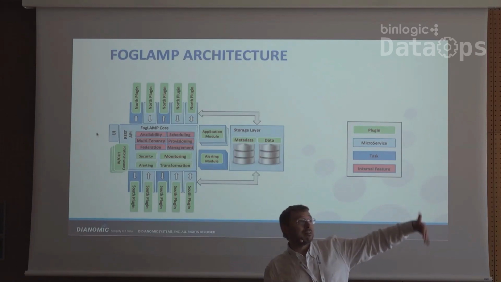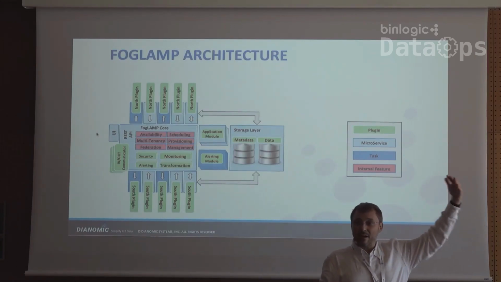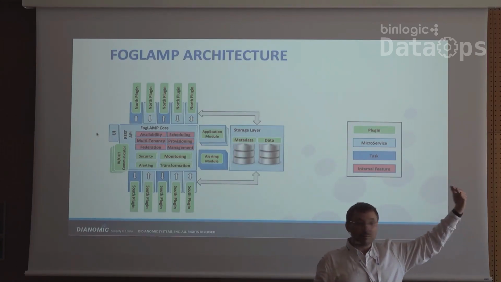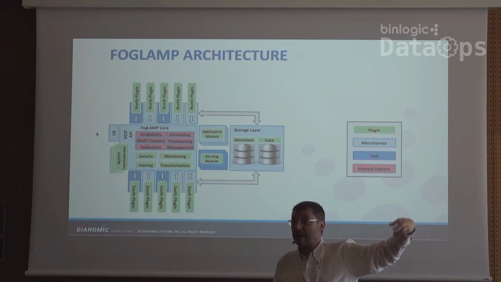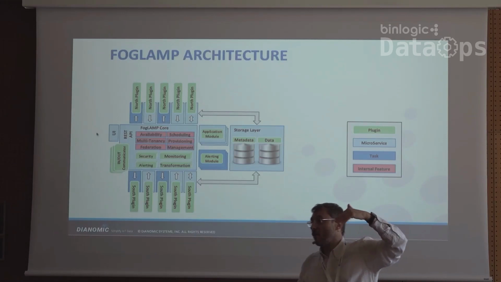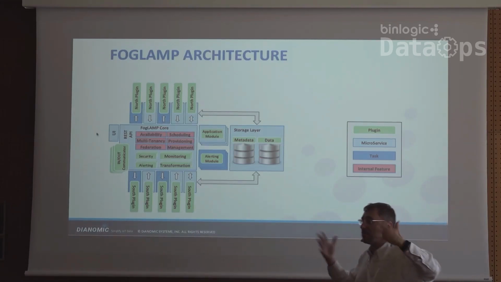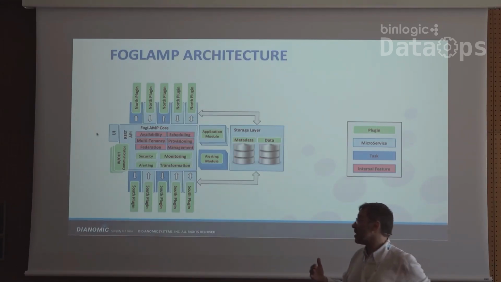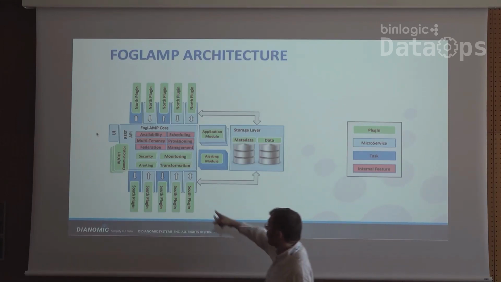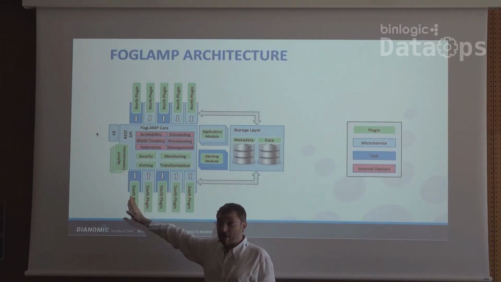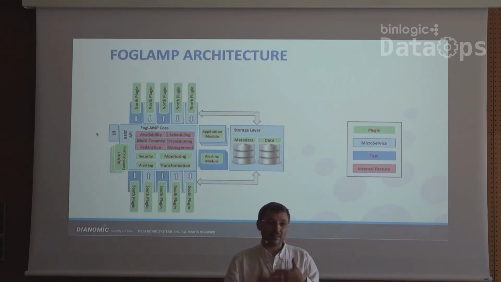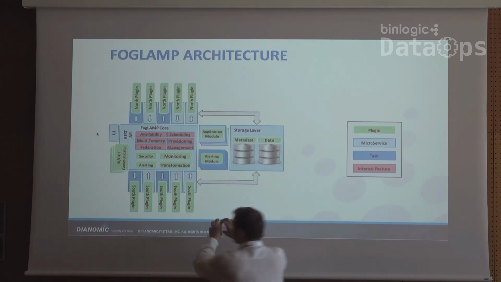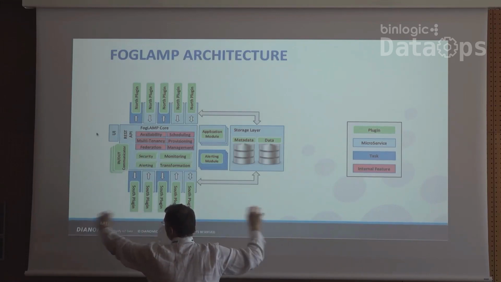There are smart buildings that can make the glass darker because the sun is coming, or the air conditioning, or maybe some fire detectors, etc. So you can have control from what is called the south plugin here. And the south is, in the typical idea of networking, something that goes down to the things, so the smallest part here.